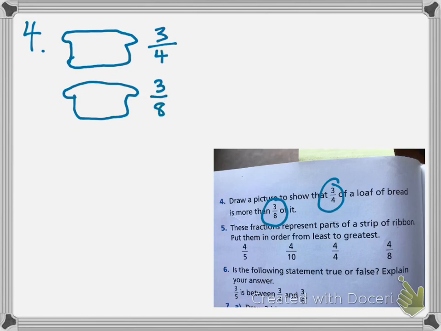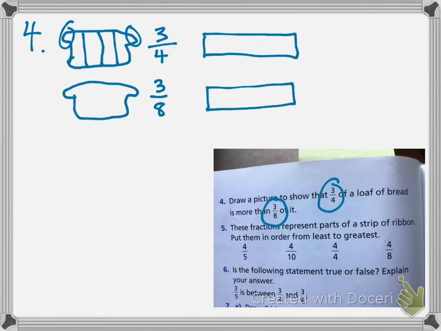Now, right away, there is a problem, because look, if I divide this into 4 parts, this makes the parts unequal, okay? So instead of drawing a loaf of bread like that, I'm just going to go back to my tried and true rectangle, okay?